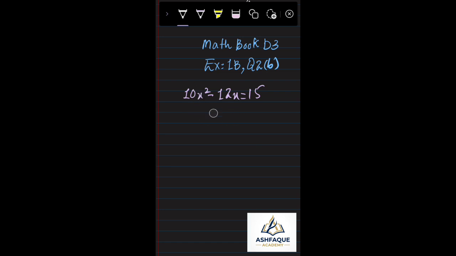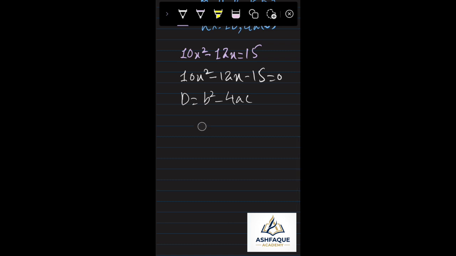First of all, we have to rewrite it in the quadratic equation form, that is 10x square minus 12x minus 15 is equal to 0. So first of all, we have to check whether the equation is a perfect square or not. So we will use the discriminant form, that is b square minus 4ac. So a equals 10, b equals minus 12 and c equals minus 15.